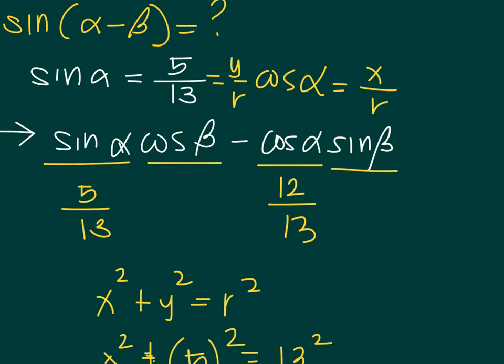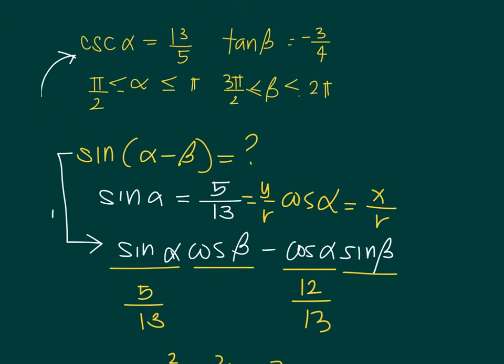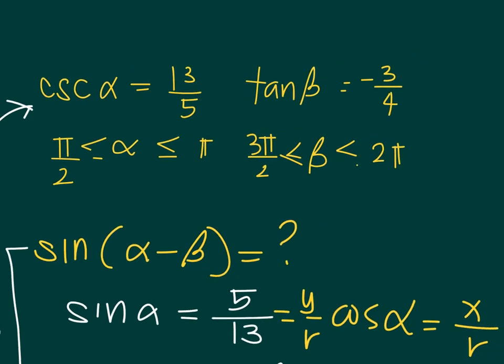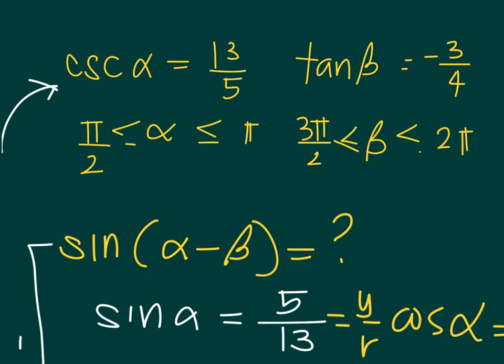Wait, sir, for cosine alpha, is it negative or positive? Cosine alpha. Okay, we haven't put the signs yet. We need to take note that alpha is between pi over 2 and pi. Pi over 2 is equivalent to 90, and pi is 180.